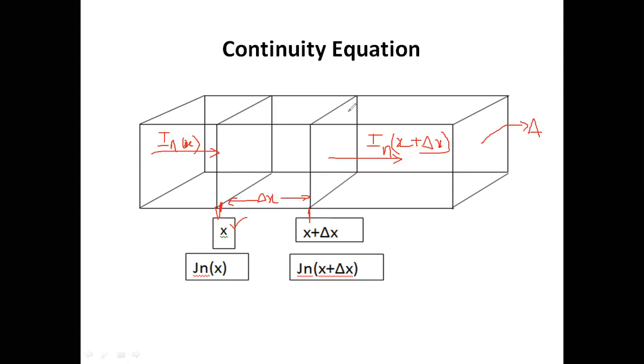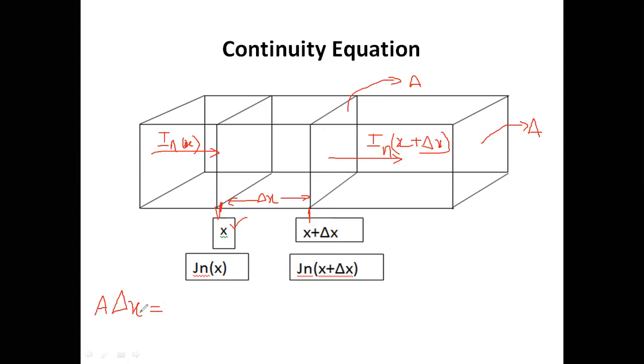So this face also will be A. Then what is the volume of the small box? A into delta X is the volume of the small box. Volume equals length into area: length, breadth, height, breadth into height equals A, area, into length.